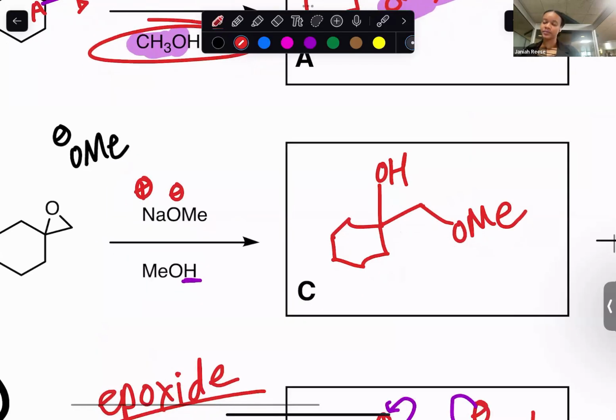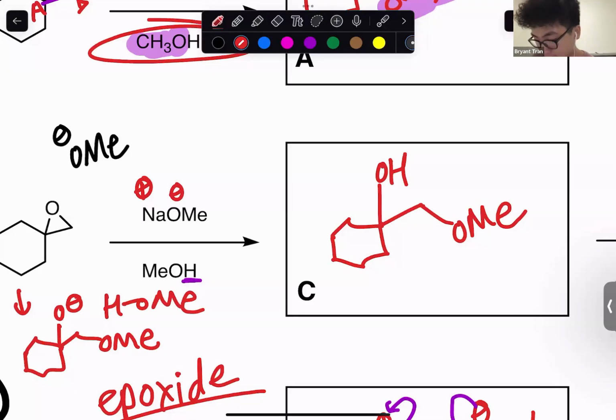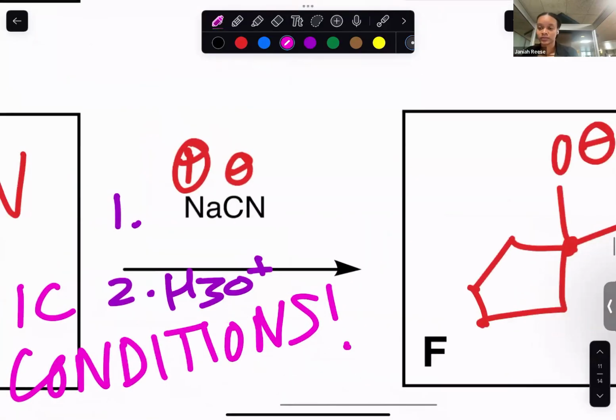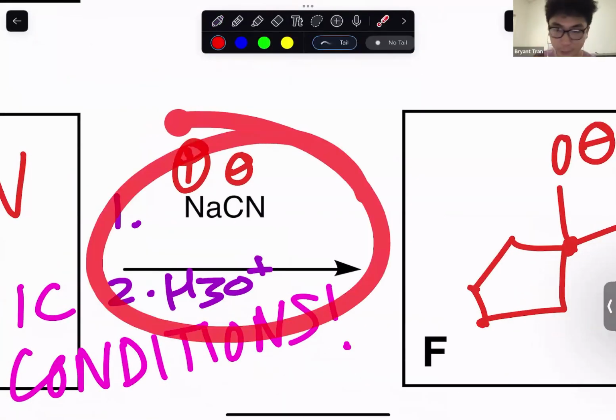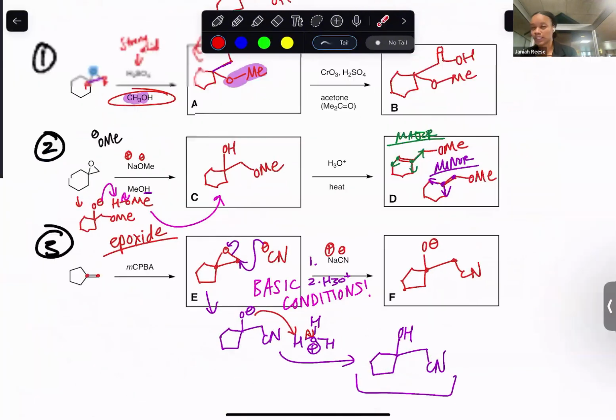So when you see the intermediate right here, which I'm going to skip straight through, we have the O minus right here. That O minus is going to get protonated by this methanol, like that, kicking out the OMe to create this neutral structure there. But there's no proton source here. There's no source that has a proton to protonate this O minus. So it's just O minus for the final product.